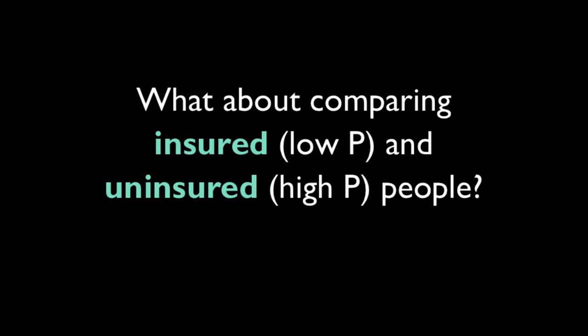So if I'm a sick person and I have a poor baseline health, I'm more likely to need a ventilator regardless of what the price of a ventilator is. Similarly, if I'm a pretty healthy person, regardless of the price, I'm less likely to need a ventilator.